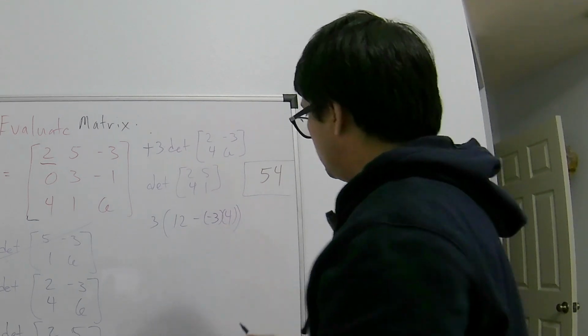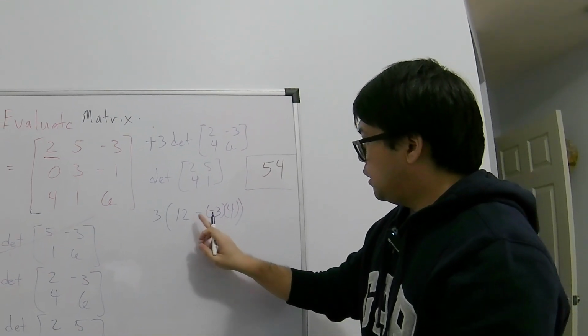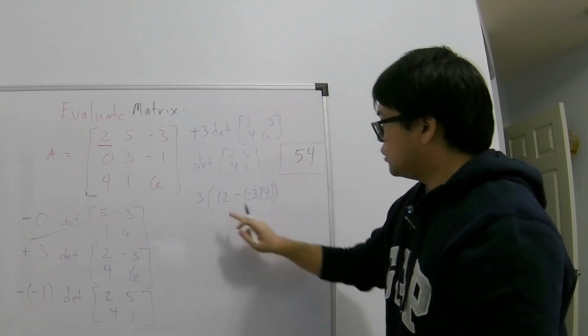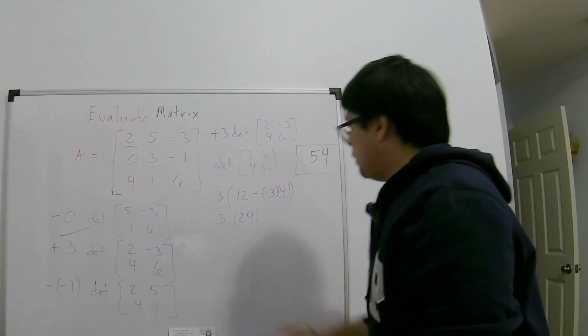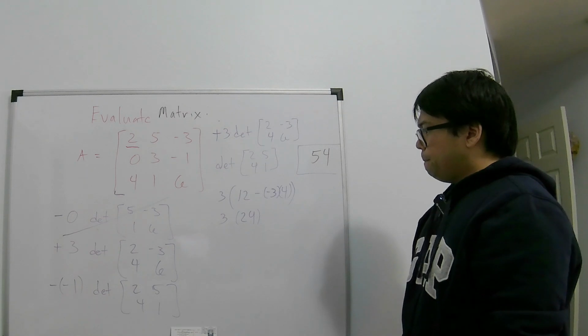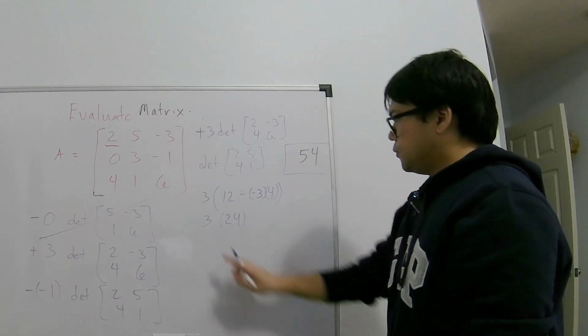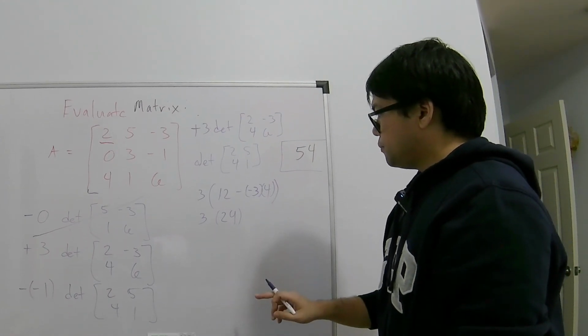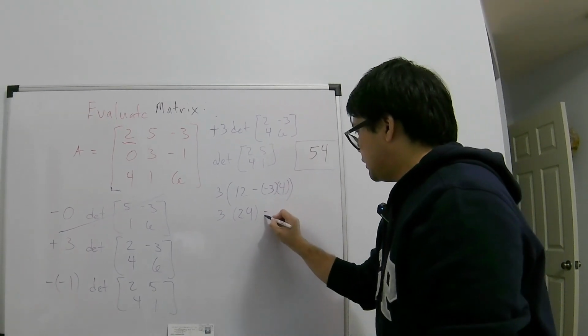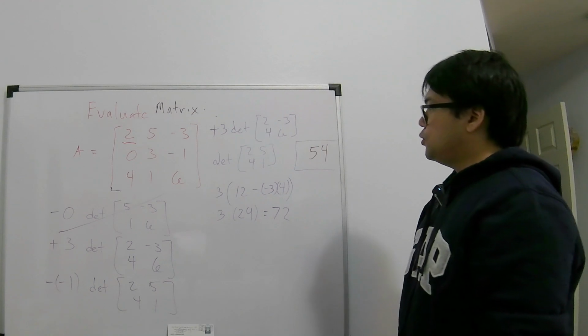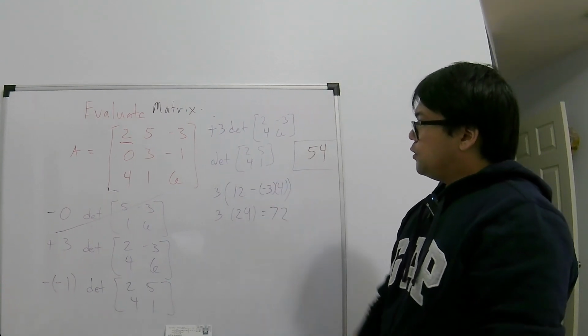And we get +12, so that's 24. So 24 times 3, right? And so that would be 72. We got 72 right here.